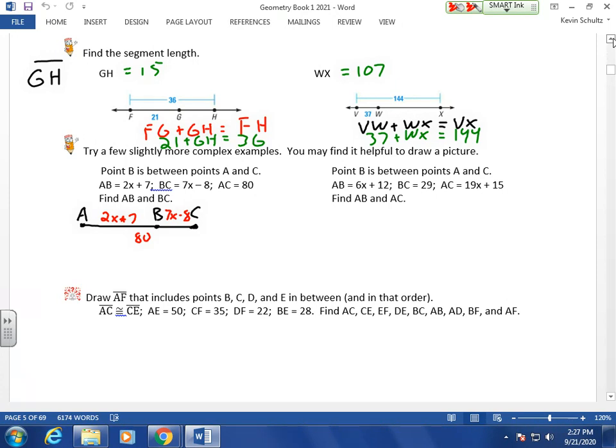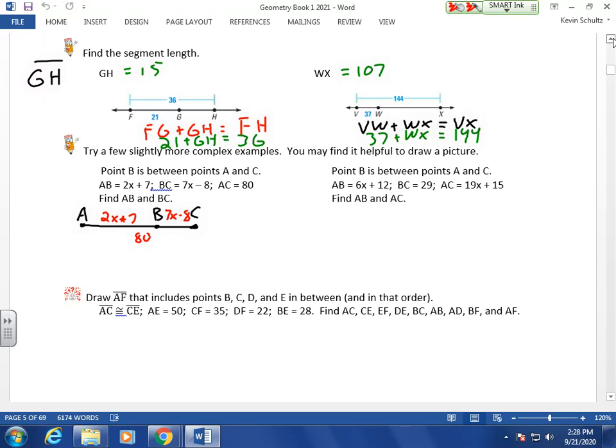Here's a notation thing. How do I know, based on how I wrote this, that 80 isn't referring to just AB, but that 80 is referring to the whole thing, AC? This is something that when you get to the textbook and draw it out can kind of throw people off a little bit. But how do I know, the way that I wrote it, that 80 isn't for AB? Yeah? Because it says AC and not ABC.